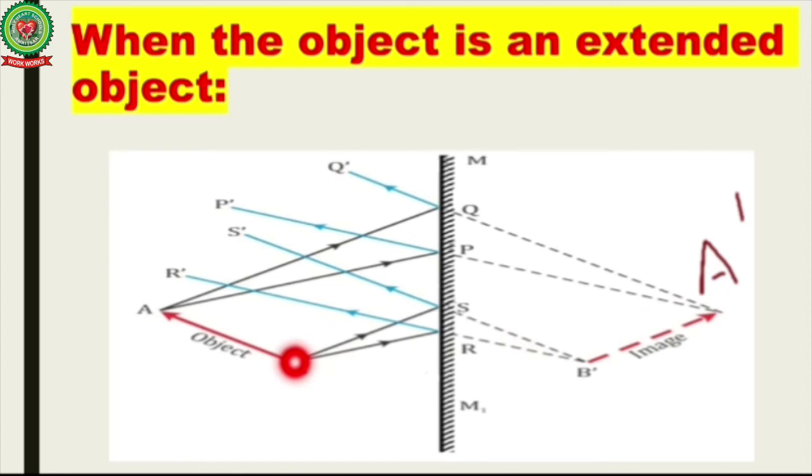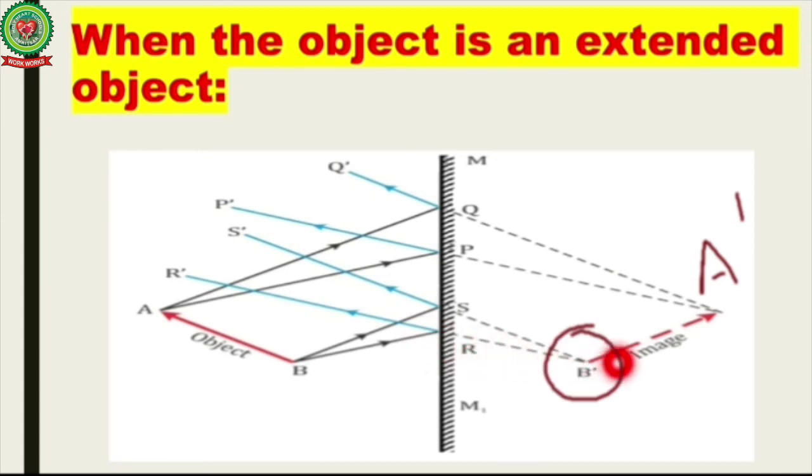Now from point B, two rays BR and BS are incident on the plane mirror, and these rays are reflected along the directions RR dash and SS dash and do not meet. So extend these rays backward so as to meet at a point B dash behind the mirror.